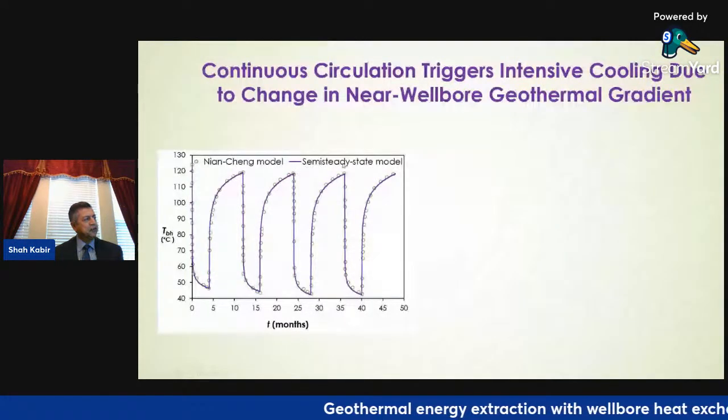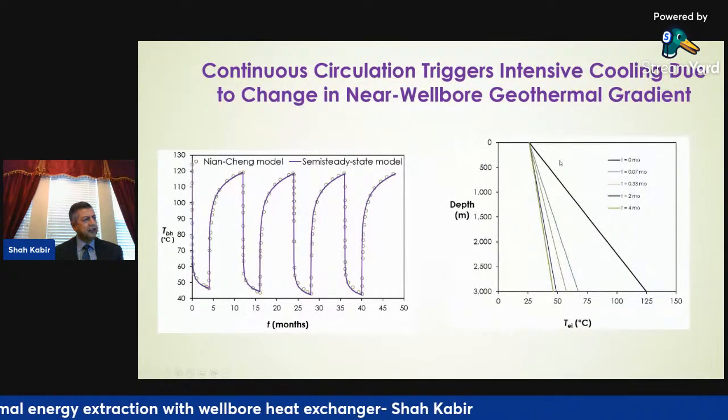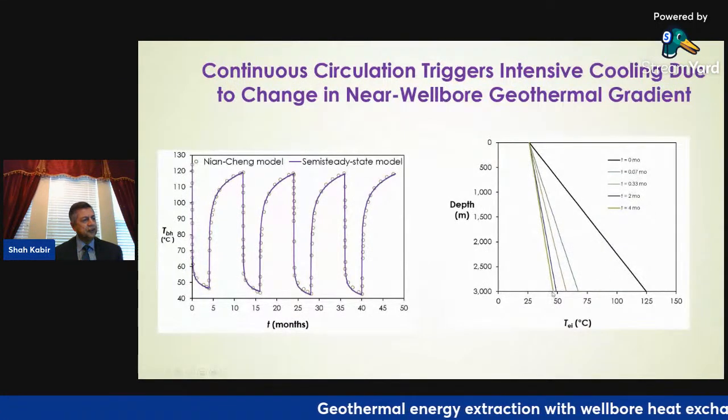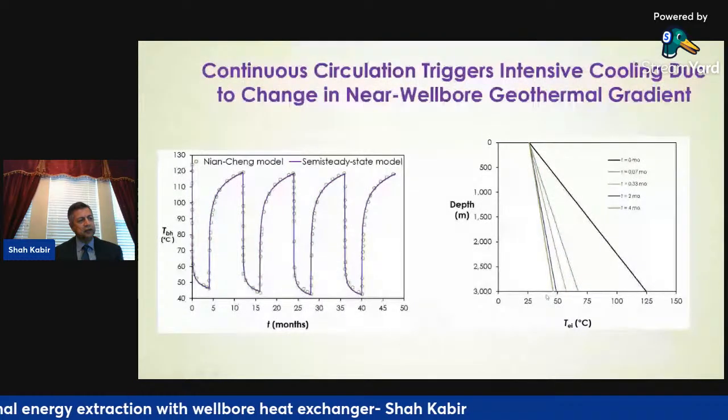So we used our semi-steady state model, and we are able to replicate that solution. And as I mentioned, why that is happening. So this is the time zero. That's the geothermal gradient. But as time progresses, after 4 months, if you keep circulating, the temperature drops seriously. Why is that?